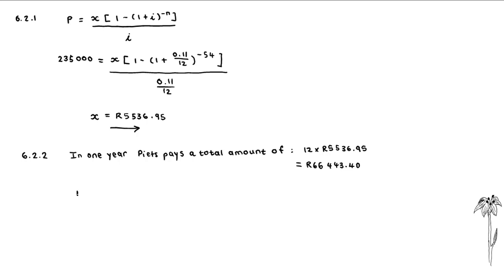So the balance on the loan, or you can think about it as the amount outstanding. We use the present value formula on the amount of time that is remaining.